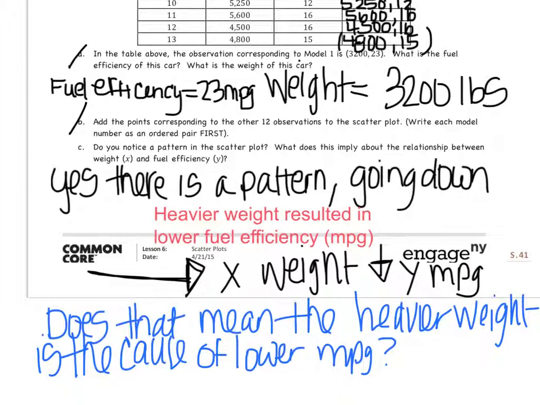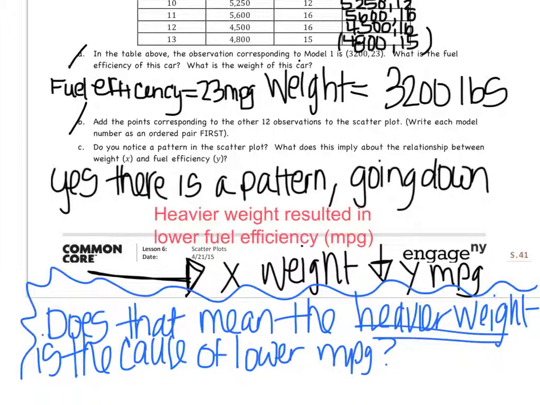So be prepared when you come into class on Wednesday to be able to answer this question. Based on our scatter plot, does it mean that the heavier weight is the cause of the lower miles per gallon? Bring these notes with you. You're going to need them for class on Wednesday to help you with your classwork and your homework.